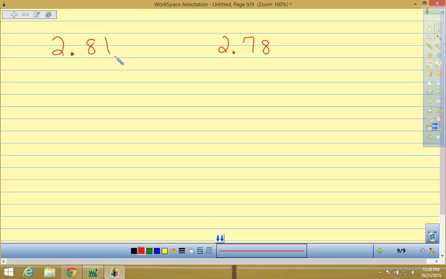I'm going to read it left to right. Do they both have the 2 in common? Yes. So then I'm going to go to the next place value. What's that first place value to the right of the decimal? The tenths. Good. All right, so are they different? Yeah. So this is where I need to look at, I'm looking at the larger one.